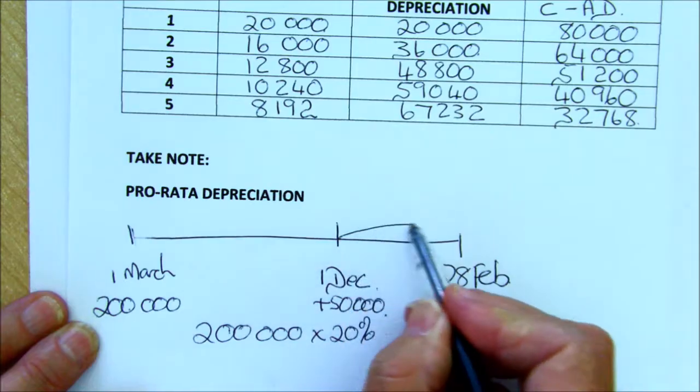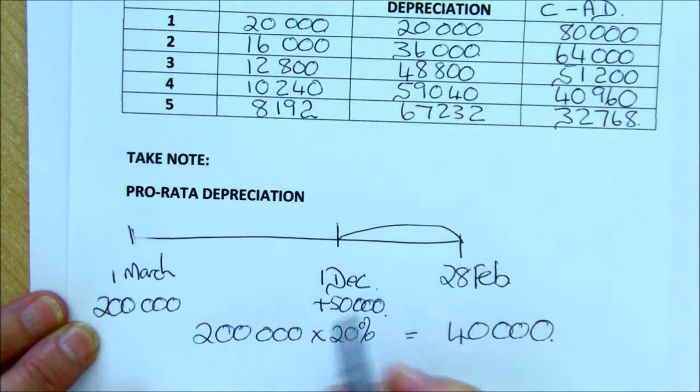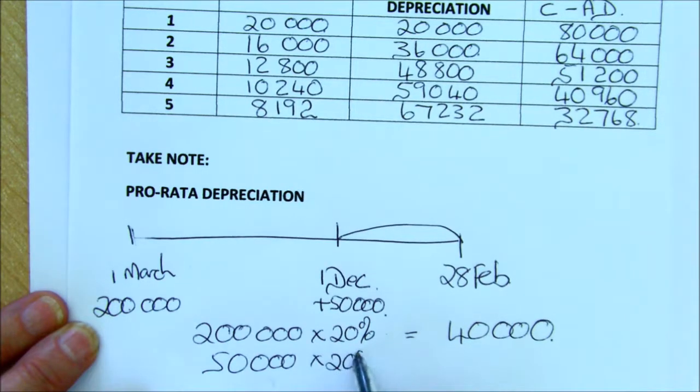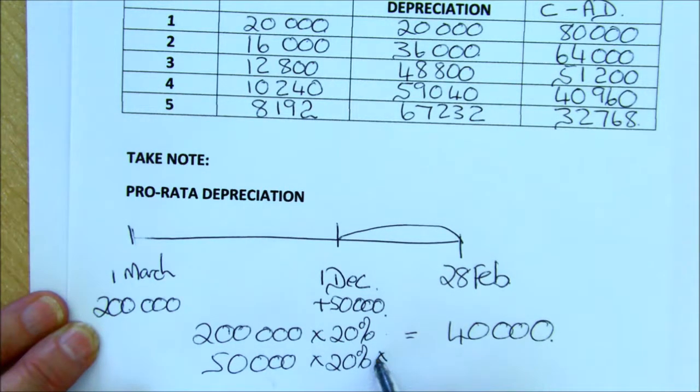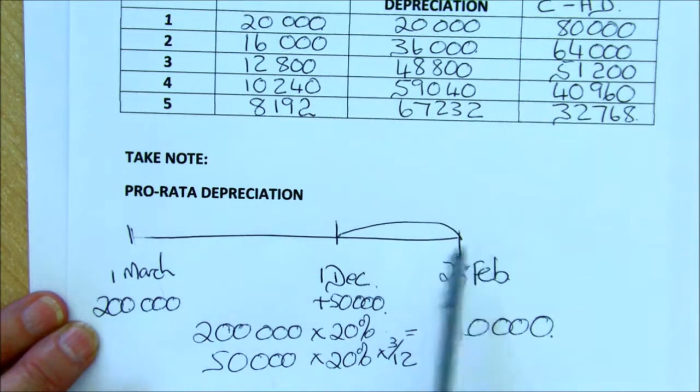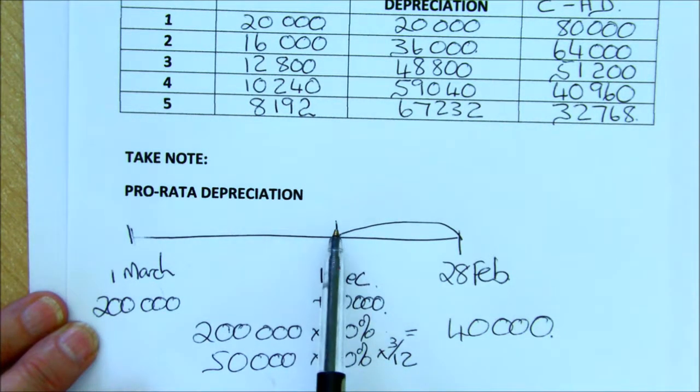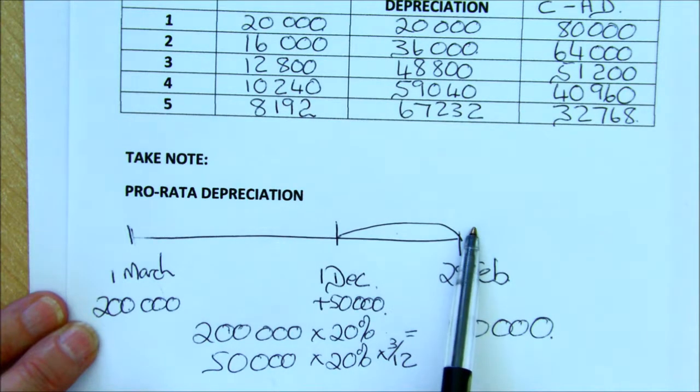Whereas this 50,000 you've only had December, January, February, so you'd have to have 50,000 times 20% times 3 over 12 months. 12 months in a year, but you've only had it for December, January, and February.